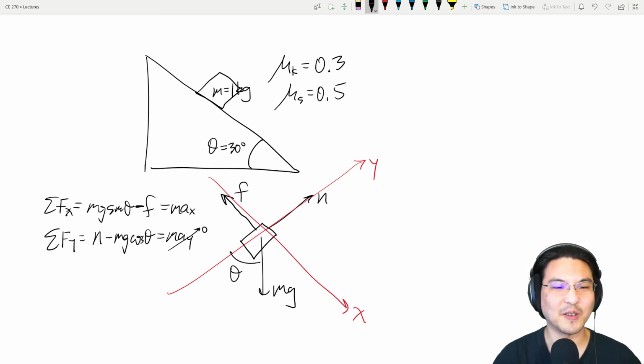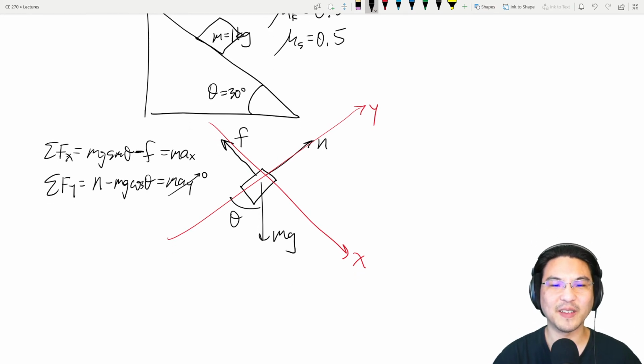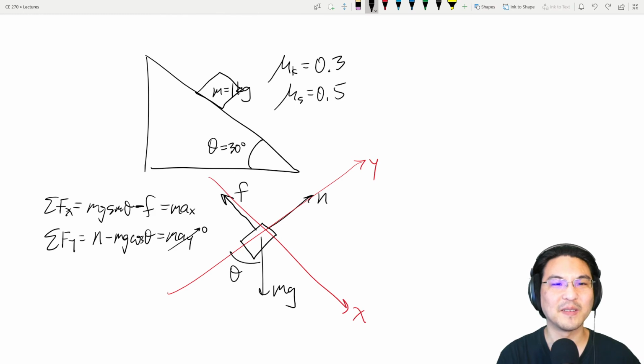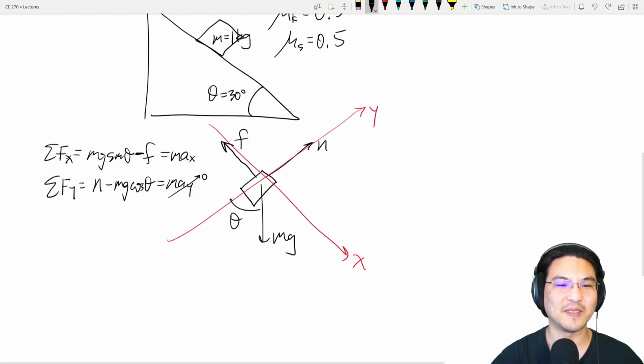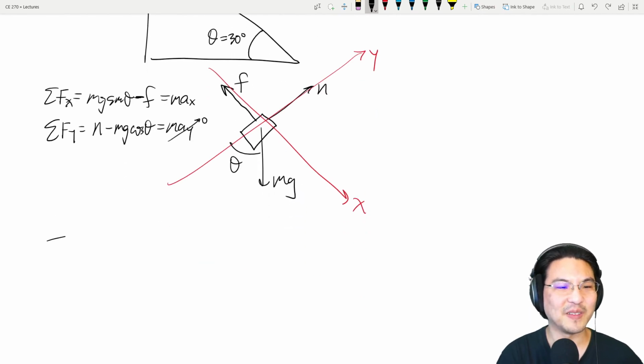So here's our critical thinking. Is there enough force in this direction, down the ramp, to overcome the static friction opposing that motion? It's like tug of war. Is there more force this way than there is this way? If yes, it'll slide. If not, it won't. So let me phrase the question like this.